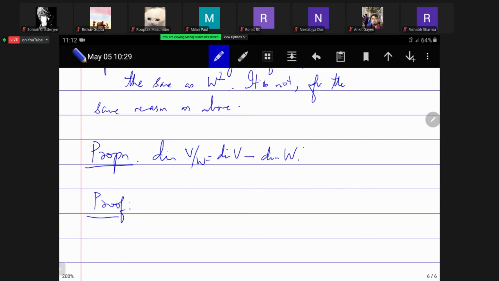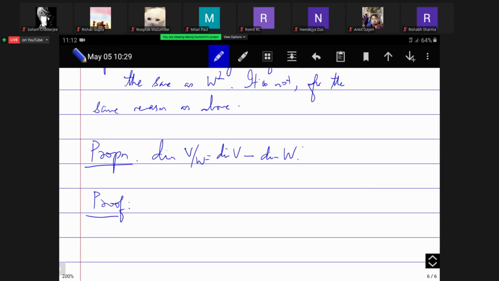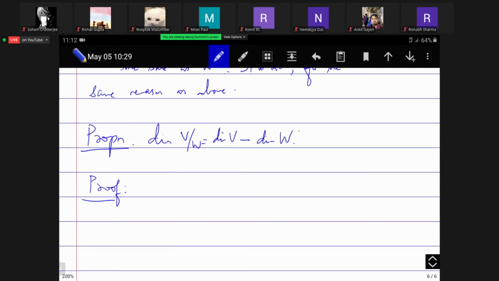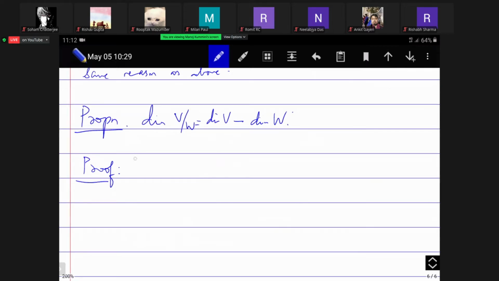The statement is true also for infinite dimensional vector spaces, but I don't know how much of Zorn's lemma, etc. you've done, and I don't want to confuse you in this last class by writing things that are too general. So we will prove this for dimension V finite. It is true in general also.